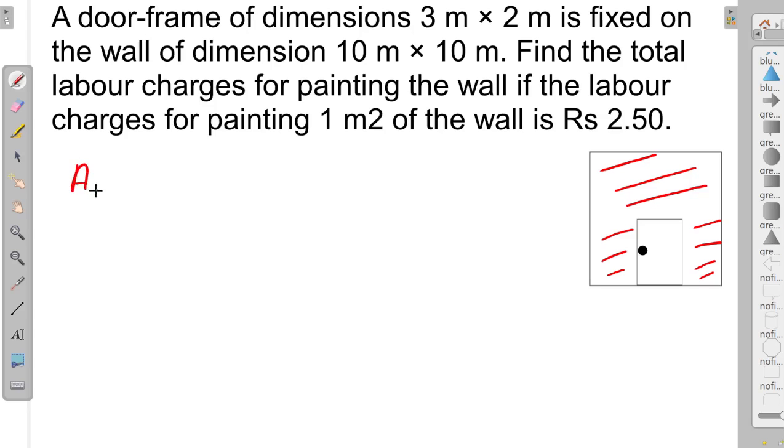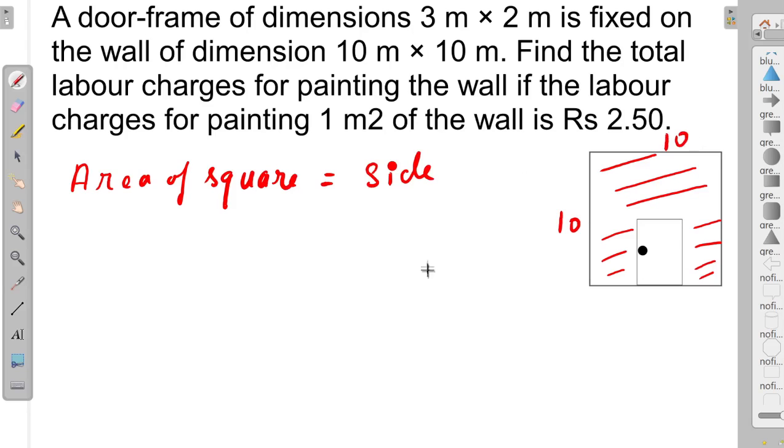Area of square is equal to side square. And what is the side? This is 10 and this is also 10. This is the dimension of the wall. So side square is equal to 10 square, so it is equal to 100 meter square. This is the area of the wall.